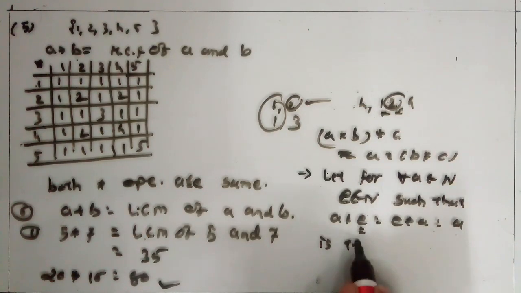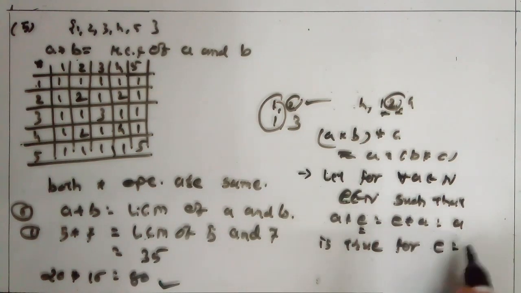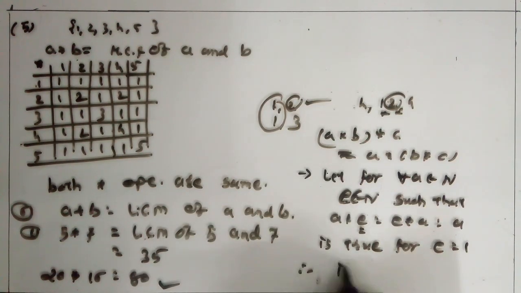It is true for E is equal to 1. Therefore, the identity is 1. Clear this?